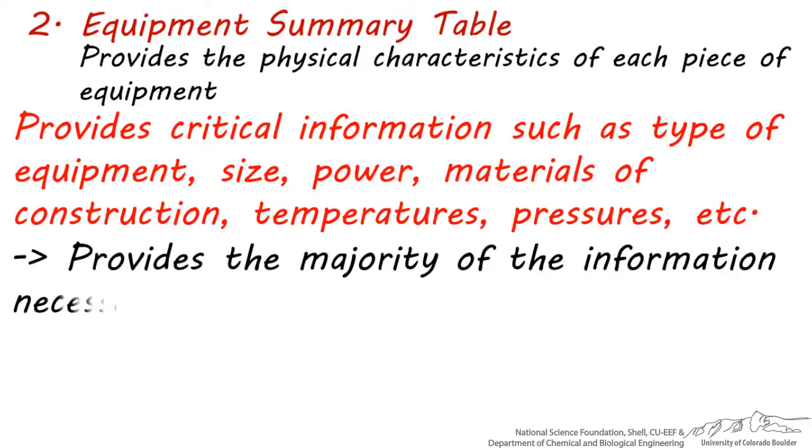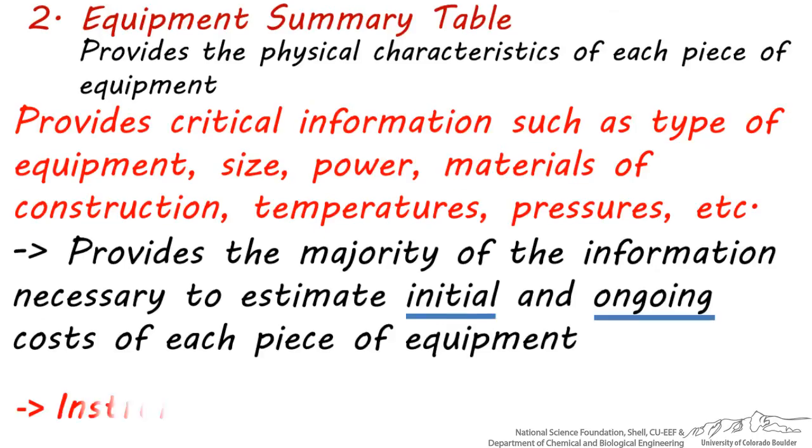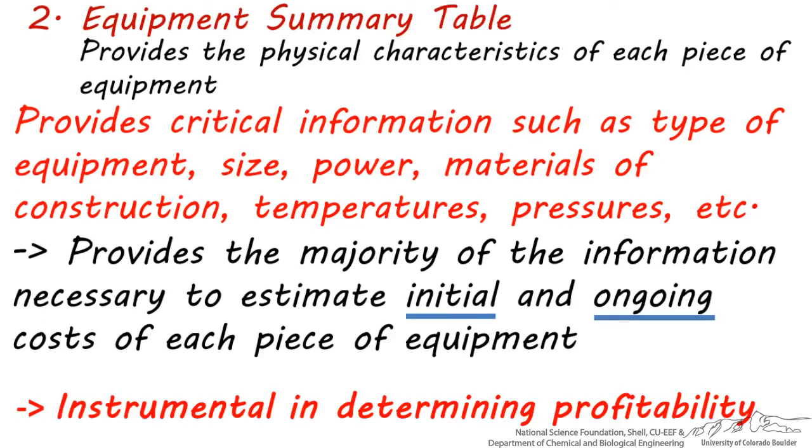This information is critical because it enables us to look in books, catalogs, call up distributors, or use price estimation software to determine not only the initial cost of purchasing that piece of equipment, but also the cost of running it. Recall that these costs are instrumental in determining the initial and ongoing expenses of the process, and if these outweigh the money generated from selling the product, then the project should not be continued.